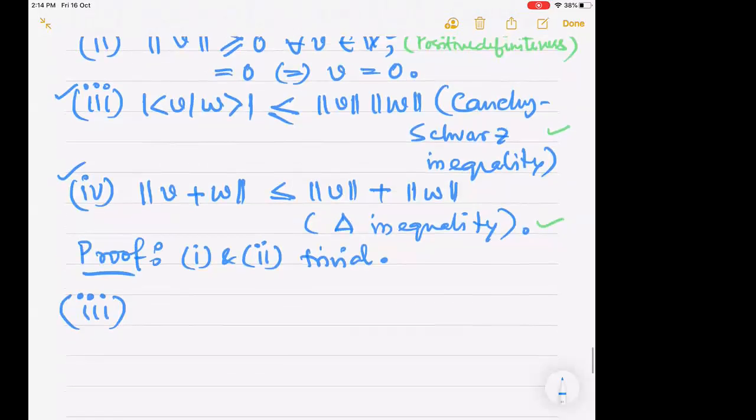So we have this thing. What does it say? Intuitively, it's kind of obvious. Why? Because this inner product's magnitude is in fact the product of the norms of V and W times the cosine of the angle between V and W. Because I'm looking at magnitude, I have to look at the magnitude of the cosine. Cosine is between -1 and +1, so its magnitude is between 0 and 1.